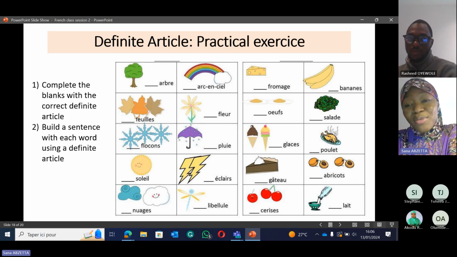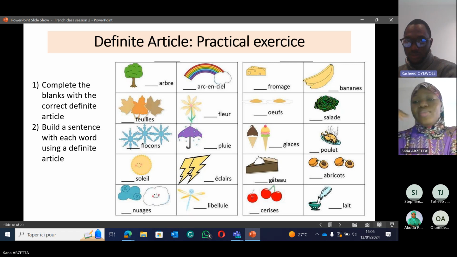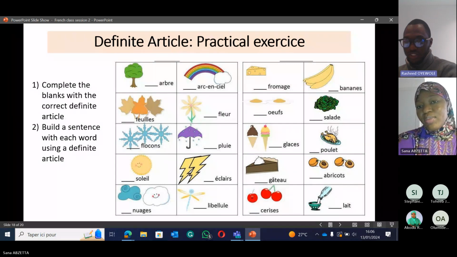And this word, for example, fromage is a masculine word. We don't say la fromage, but le fromage. Le fromage.